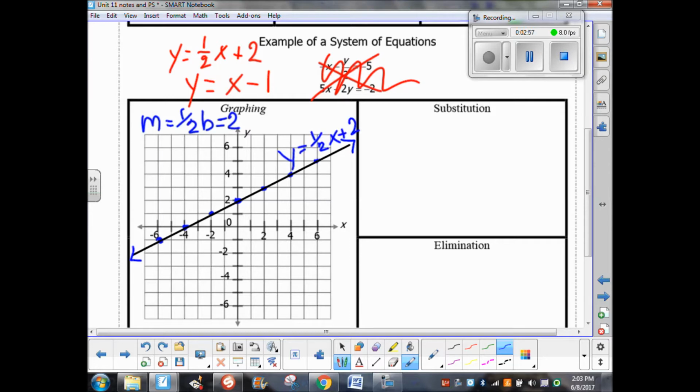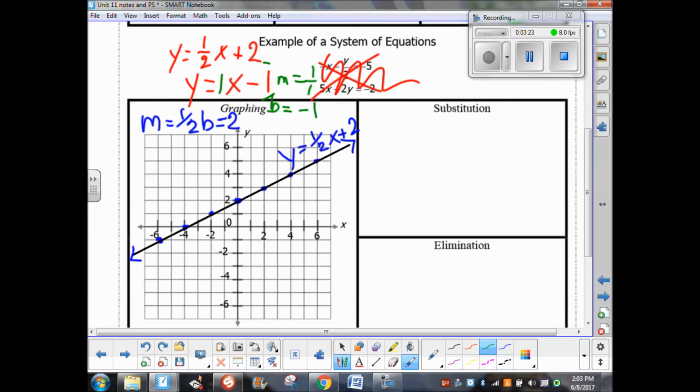And let's do the same thing with the other one. So what's the slope and the y-intercept for that second one? Justin? 1/1. Yeah. And what's the y-intercept? The y-intercept is -1. Okay, so where do we begin?